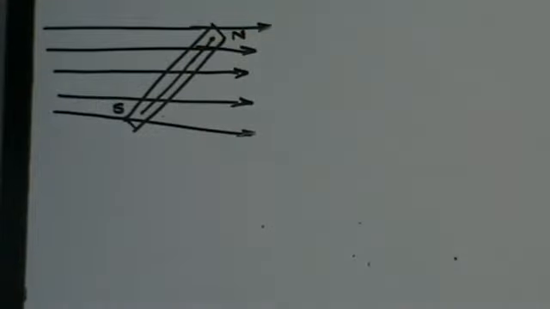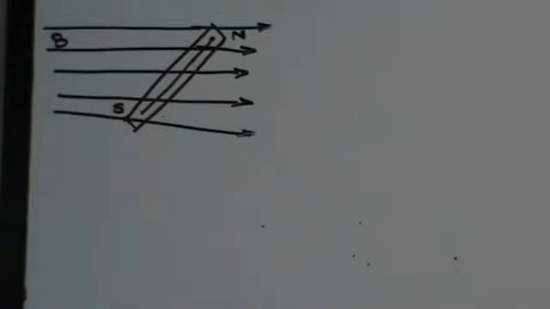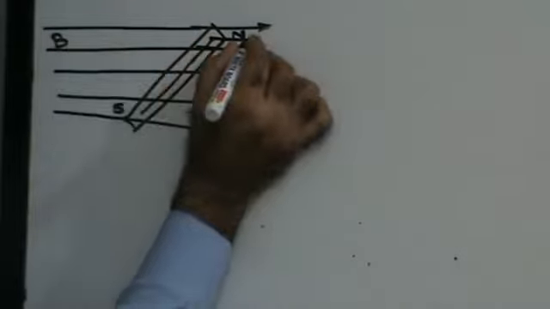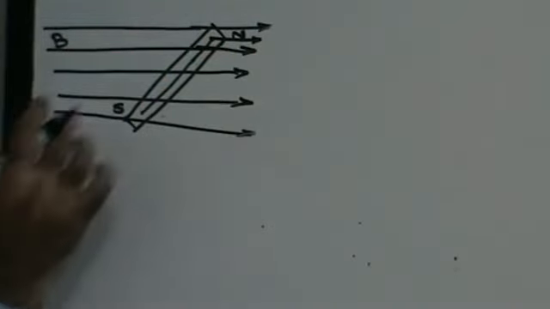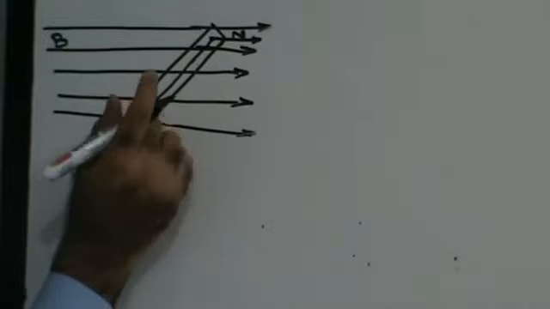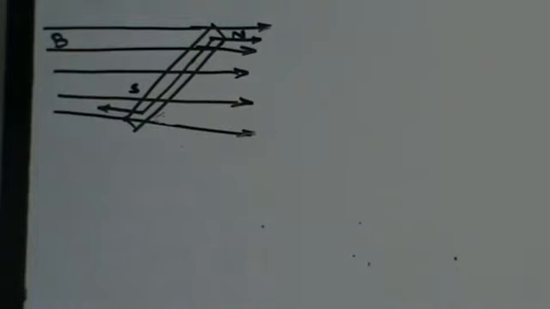I'm keeping a magnet in an external magnetic field. There will be two forces acting on the magnet. One, the north pole is going to be pulled in the direction of the magnetic field, and the south pole is going to be pulled in the direction opposite to the magnetic field.